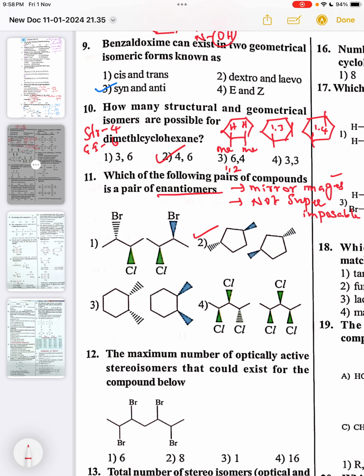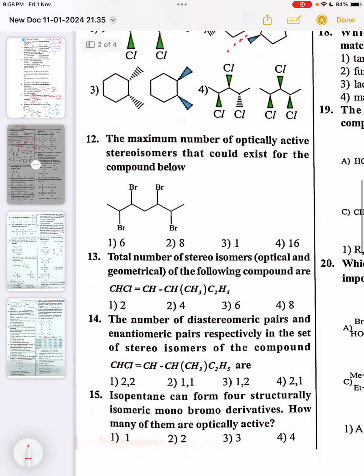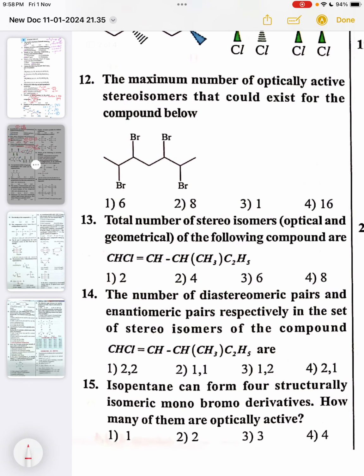But second one is mirror image, that is if you place a mirror here, they are looking like mirror images but they are not superimposable, so that is considered as enantiomer. Even 3 is also not possible, 4 is also not possible. Second option is correct.